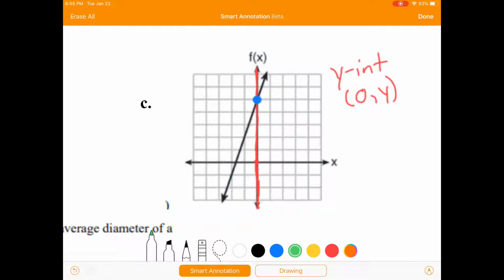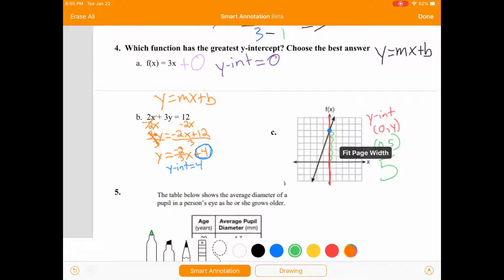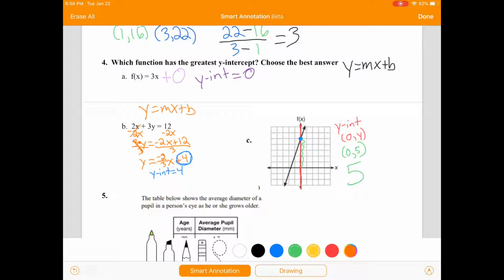So we're going to count up 1, 2, 3, 4, 5. So our ordered pair would be (0, 5). And our y-intercept, if you want just a number, is 5. So now we're comparing 0 to 4 to 5. And we're asked which has the greatest y-intercept? And the answer is C.